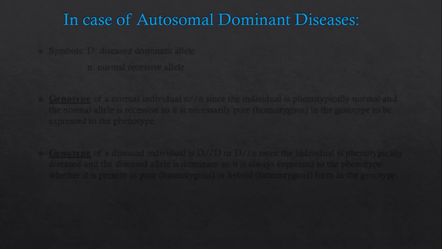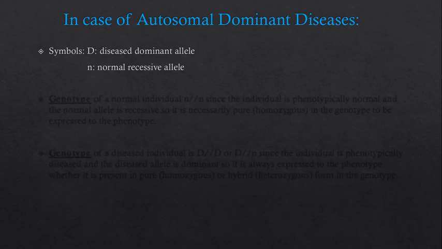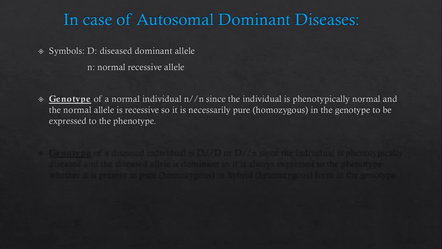Now, in the case of autosomal dominant diseases, if the disease is dominant, of course, the symbols are going to differ. We're going to symbolize the diseased dominant allele with a capital D and small n for the normal recessive allele. The genotype of the normal individual is supposed to be small n small n because the individual is phenotypically normal and the normal allele is recessive, so it shall be present in the pure form in the genotype for it to be expressed into the phenotype.